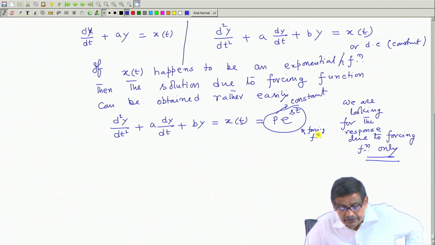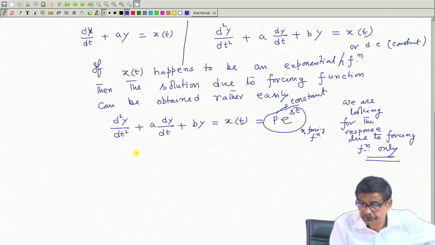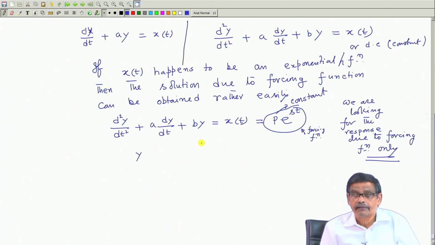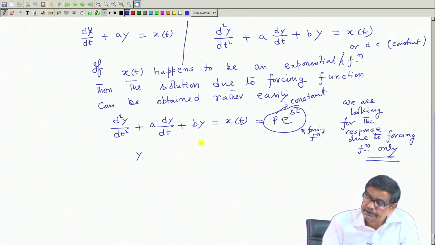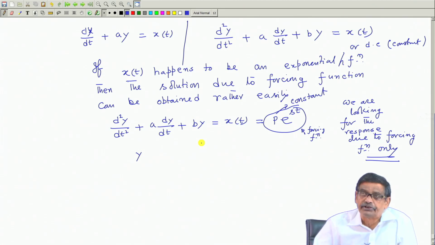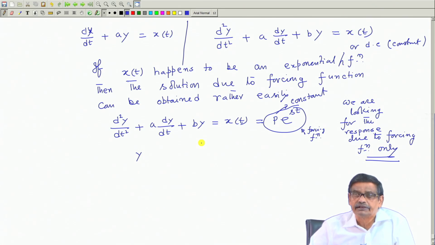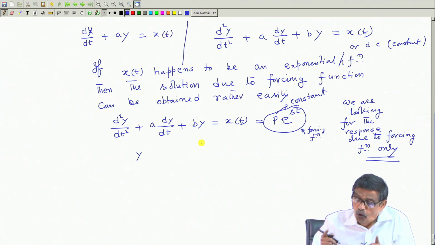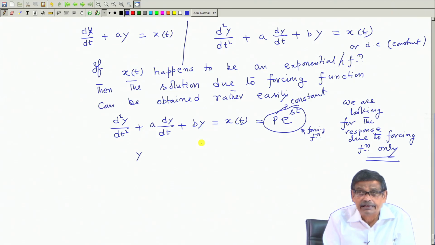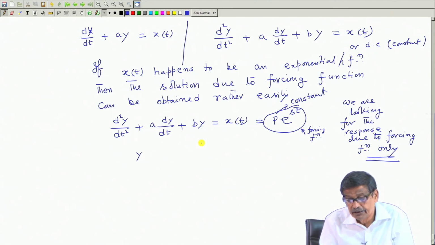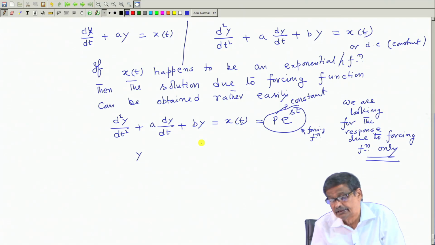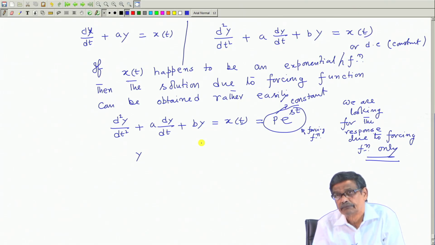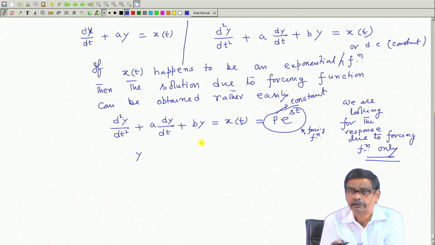Now, the question is, what should be the nature of this solution? If the right hand side is exponential e to the power s t, then for all time, whatever the nature of y(t), the left hand side if you compute it has to match the right hand side. That is a crucial point.